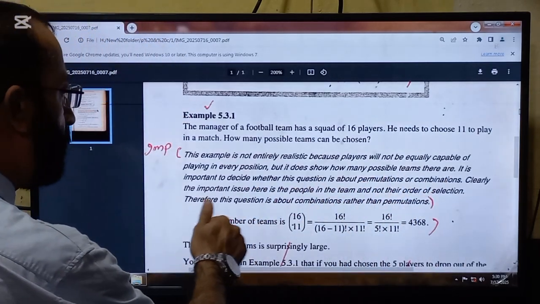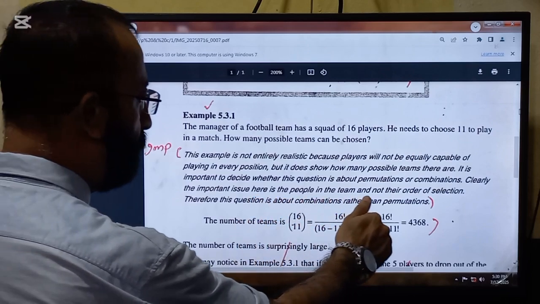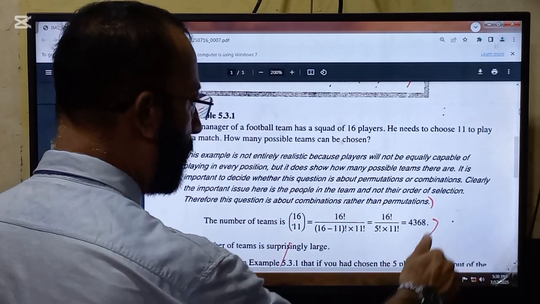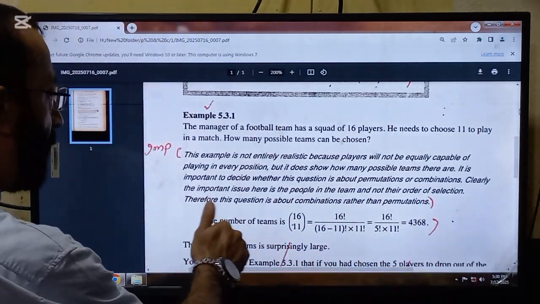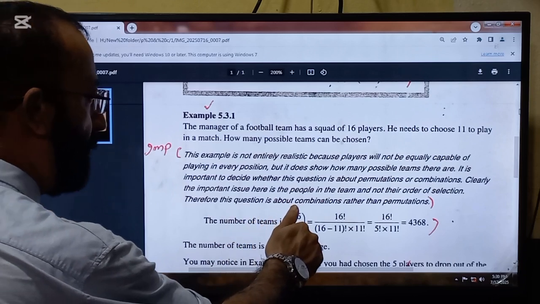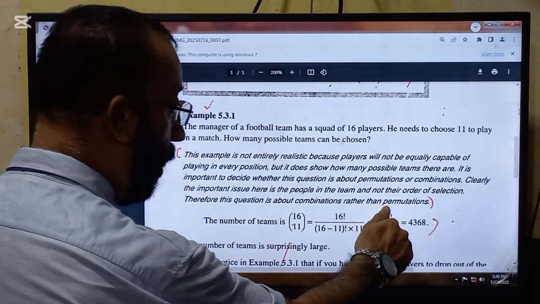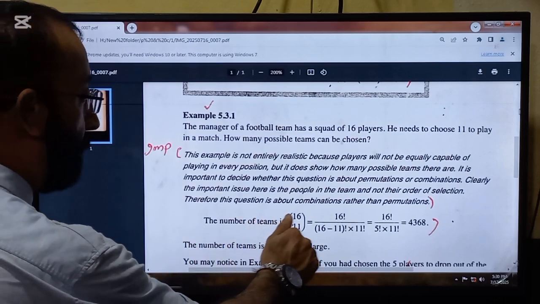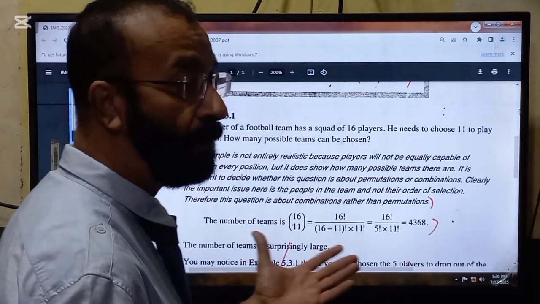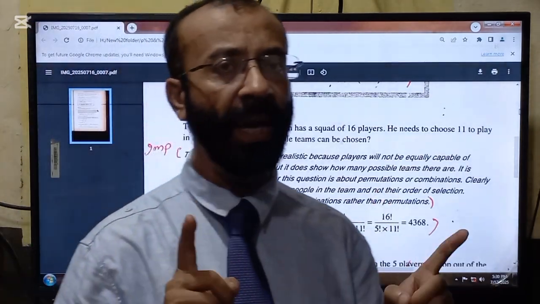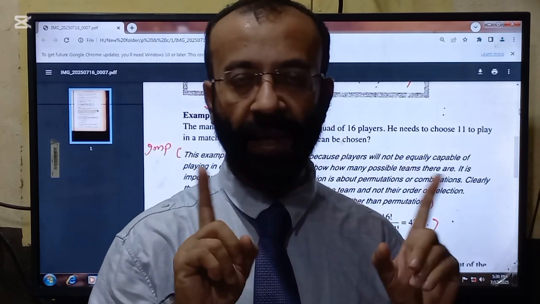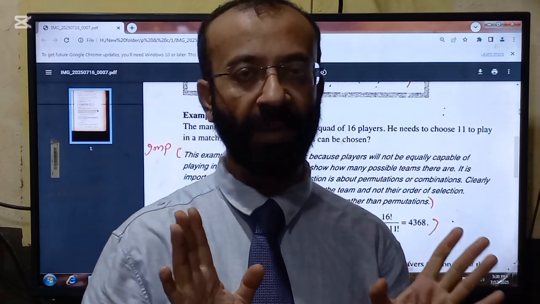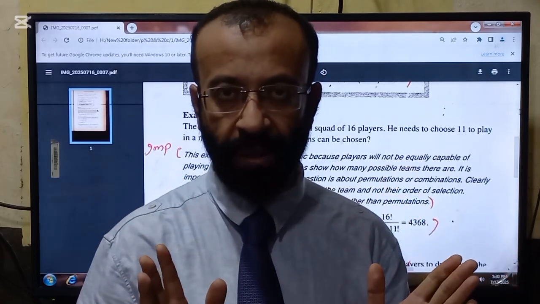It is important to decide whether this question is about permutations or combinations. Clearly, the important issue here is the people in the team and not their order of selection. Therefore, this question is about combinations rather than permutations. So people are important. Their order is not important.